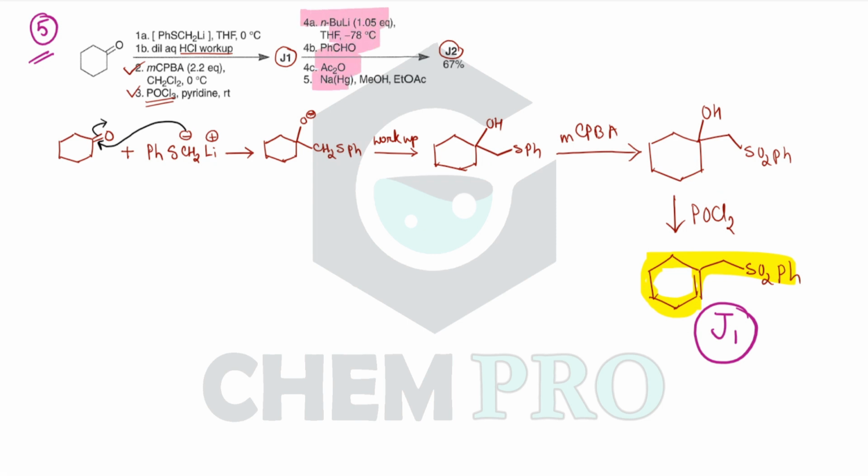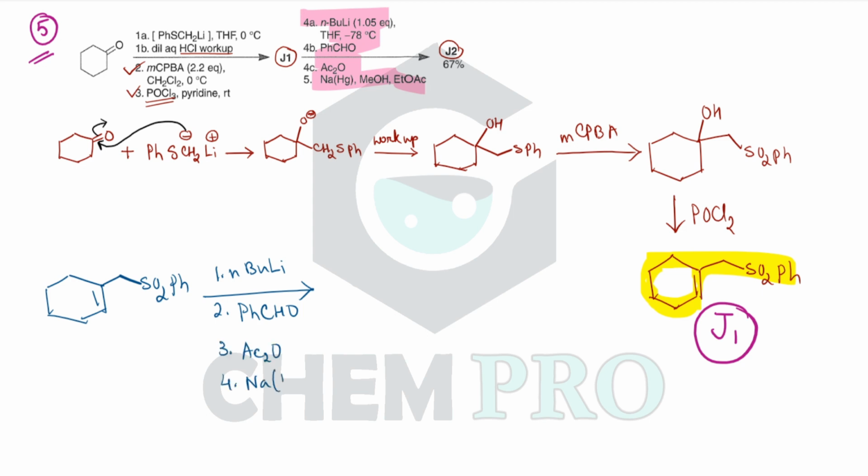Now we have to go through the second step of the reaction. For that we have this J1 with the double bond and SO2Ph. After that, first we have n-butyllithium as base, second is PhCHO, third is Ac2O, and fourth is Na/Hg or sodium amalgam.